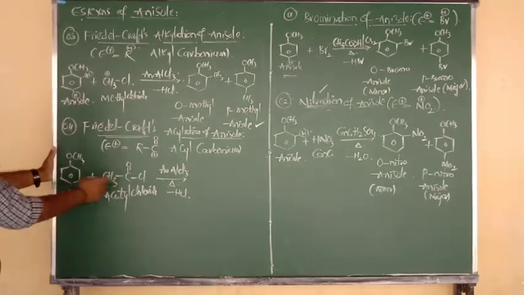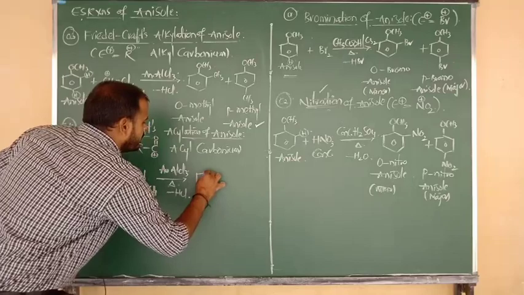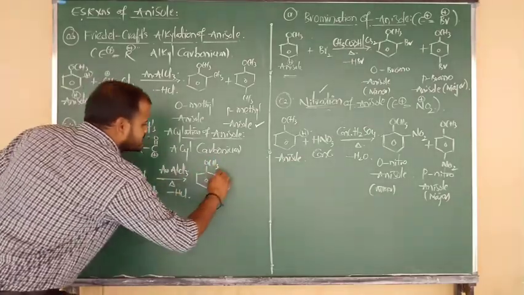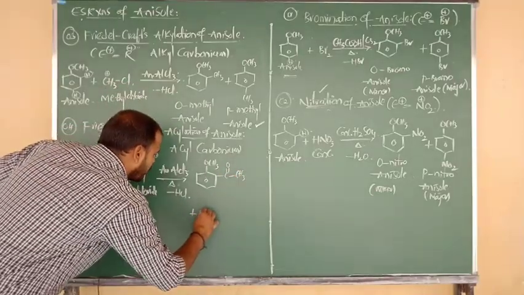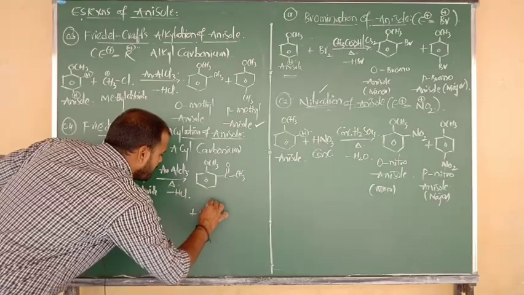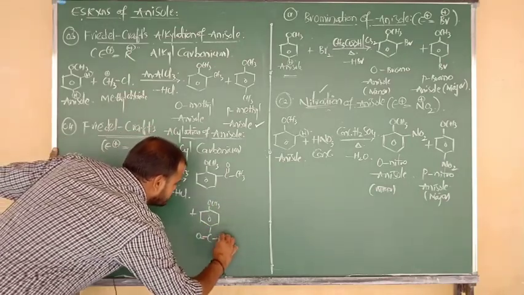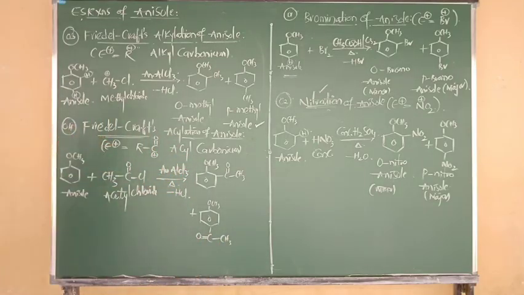It attacks at ortho and attacks at para. Benzene bonded to OCH3. Acyl carbonium attacks at ortho place, C double bond OCH3, and attacks at para place, C double bond OCH3. Understood? So what may be the product?